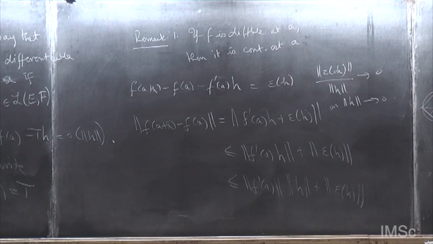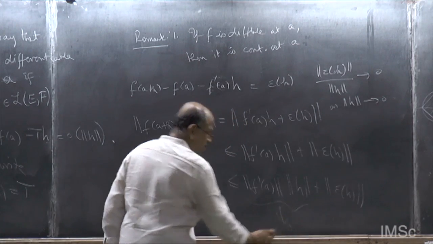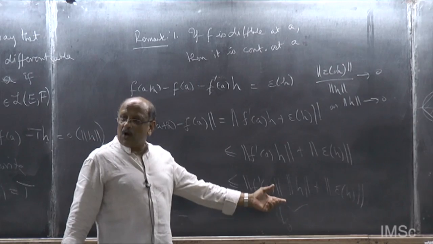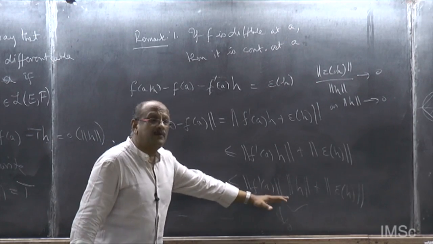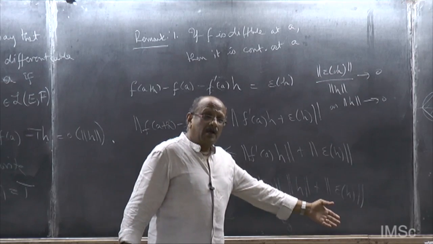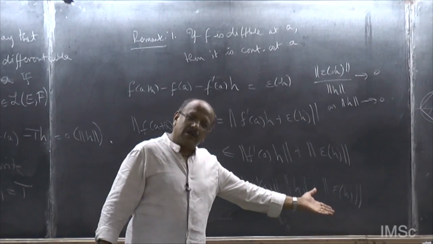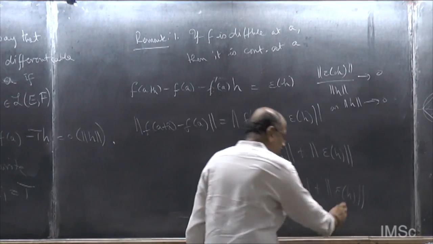Now, let h go to 0. This first term will go to 0, because when h goes to 0, norm h will go to 0. What about the second term? Even if you divide it by norm h, it will still go to 0, so epsilon(h) will automatically go to 0.